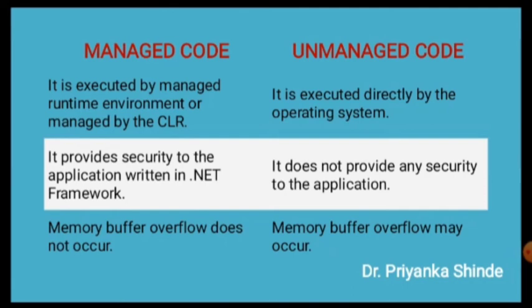Then the next one: managed code provides security to the application written in the .NET framework, whereas unmanaged code does not provide any security to the application. Got it? Managed code is executed by CLR, unmanaged code is executed directly by the operating system.